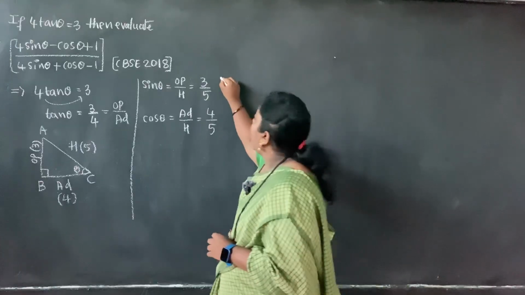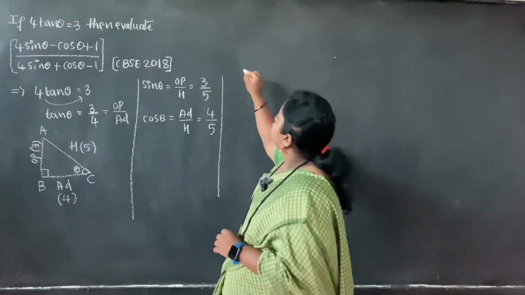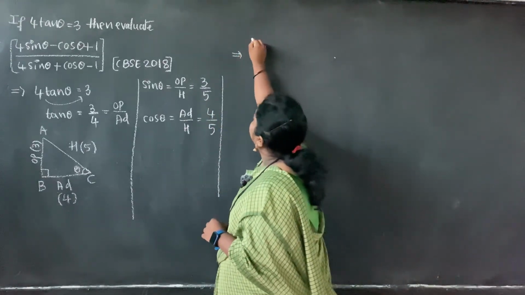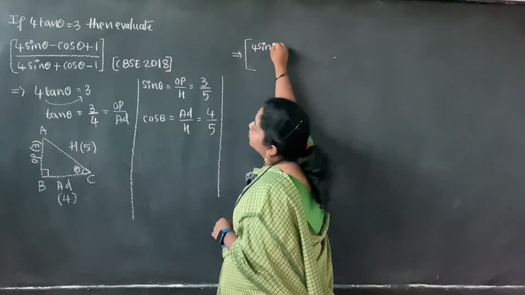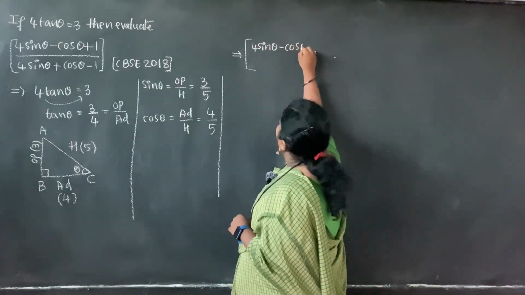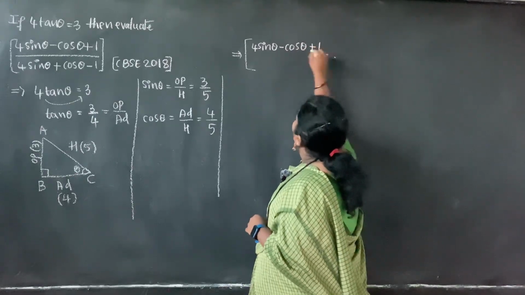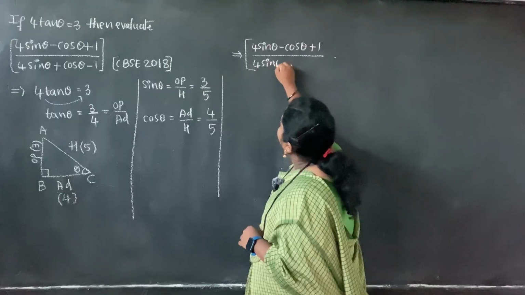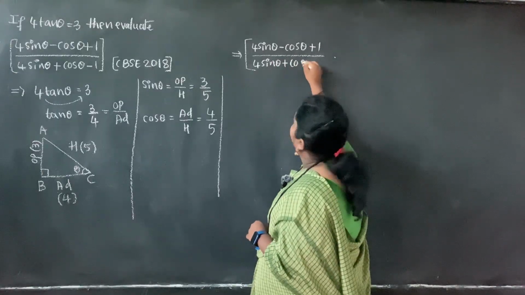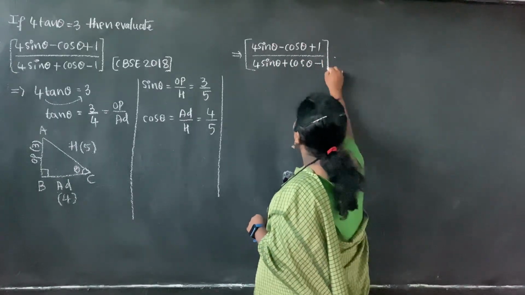Fine. Now I'll simplify the question. Look at the question: (4 sin theta minus cos theta plus 1) whole divided by (4 sin theta plus cos theta minus 1). This I need to evaluate.